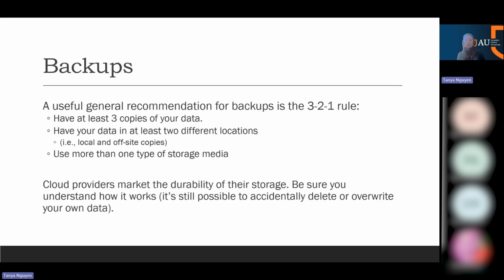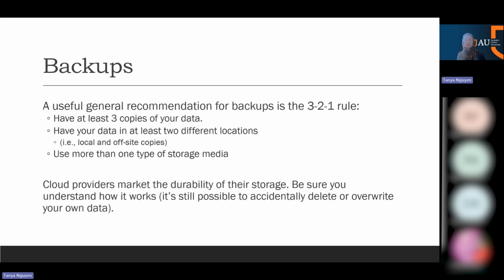It's also recommended to have geographically distributed copies of your data as a measure of protection from risks that are geographically bounded. So say if there's an earthquake, you have your data in another location from where you are.